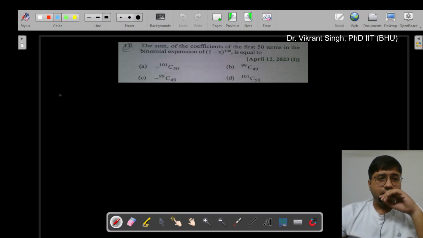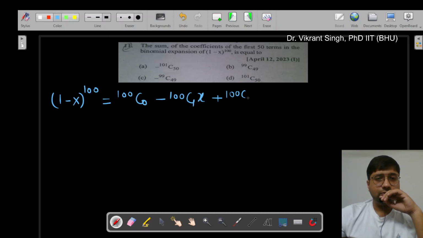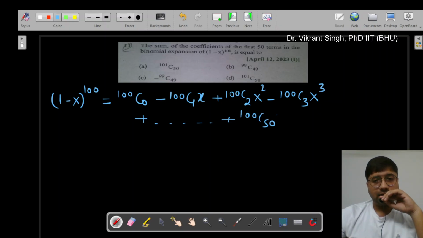So the expansion of 1 minus x whole power 100 is equal to 100c0 minus 100c1 x plus 100c2 x square minus 100c3 x cube, up to 100c50 x^50 minus 100c51 x^51 and so on.